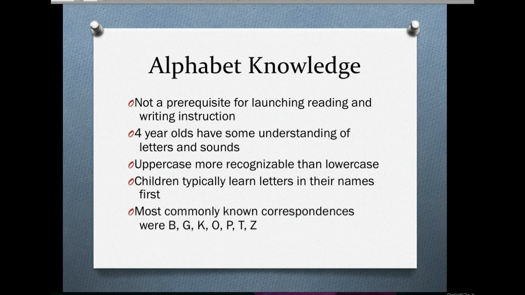The most commonly known correspondences were B, G, K, O, P, T, and Z. The reason children mostly knew these is that when you say B, the sound corresponds to the letter, and the same goes for G, K, O, P, T, and Z.